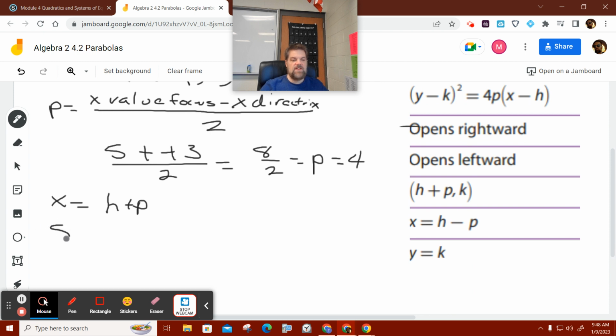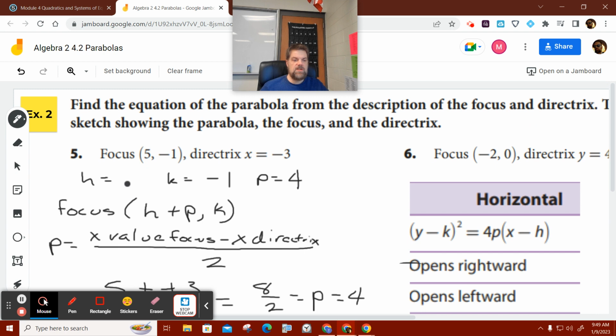The x value of the focus is 5. I don't know what h is, but I know that p is equal to 4. So if I do algebra, I get h equals 1.